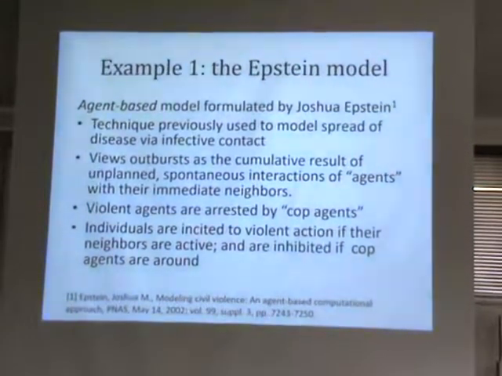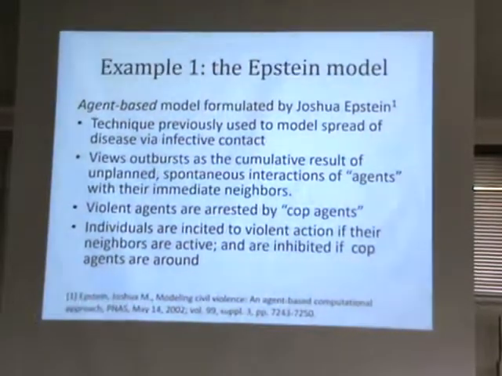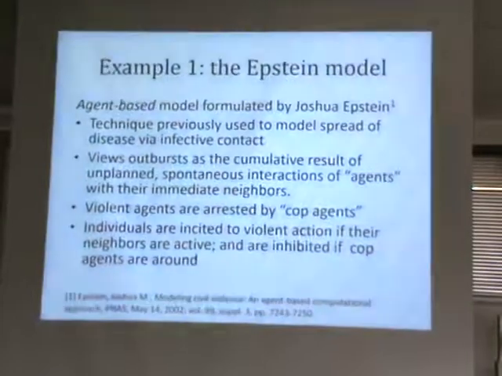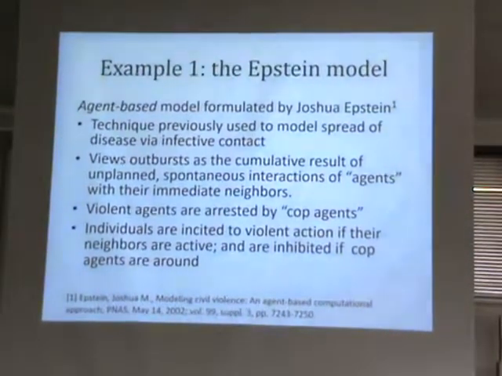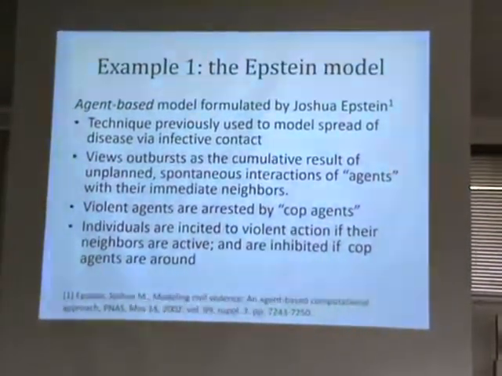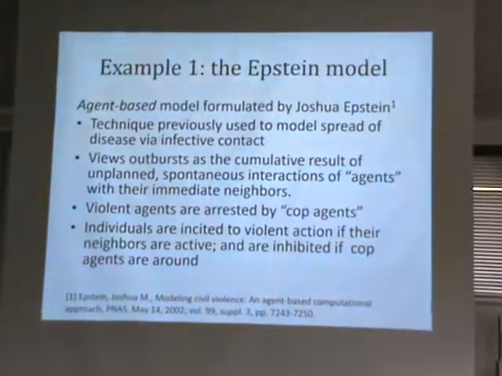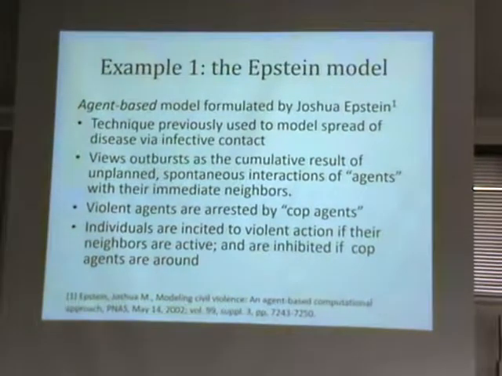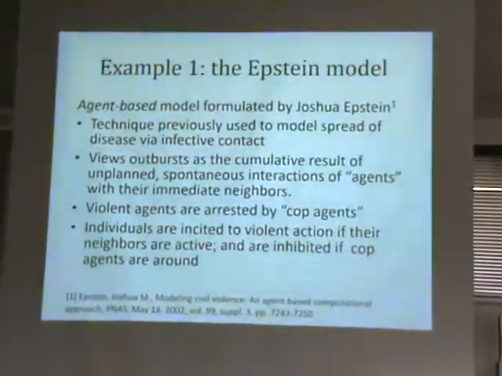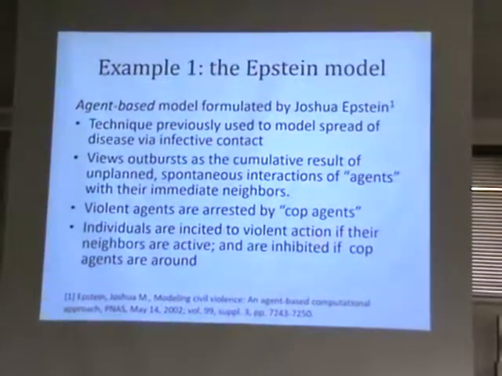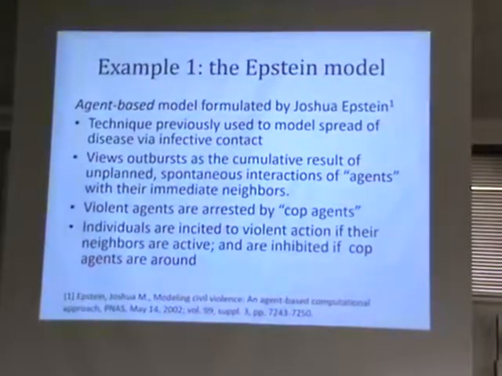Okay? So he had this background in disease, and he said, well, violence in some way behaves the same way. People see violence, and then they're influenced also to do violence. And it can spread in this way. So it doesn't necessarily need to be planned, it can be spontaneous. So he would view a riot or an outburst of violence as the result of unplanned, spontaneous interaction of agents with their immediate neighbors.